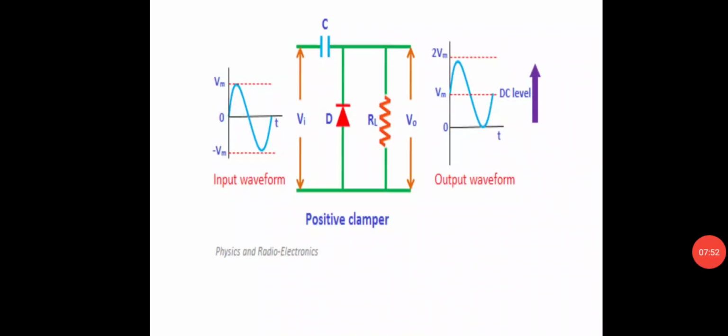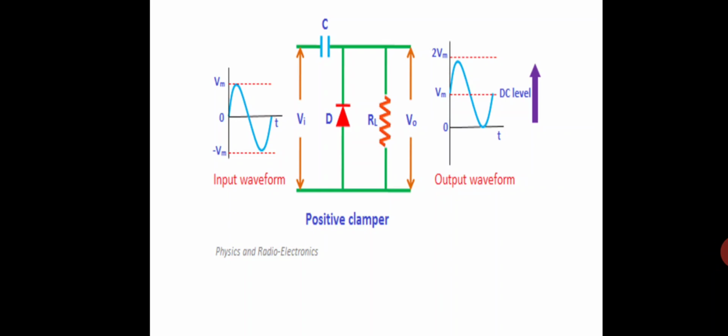So clippers are used as noise limiters, for removing noise in receivers and transmitters. The main purpose is removing noise in receiving communication systems.